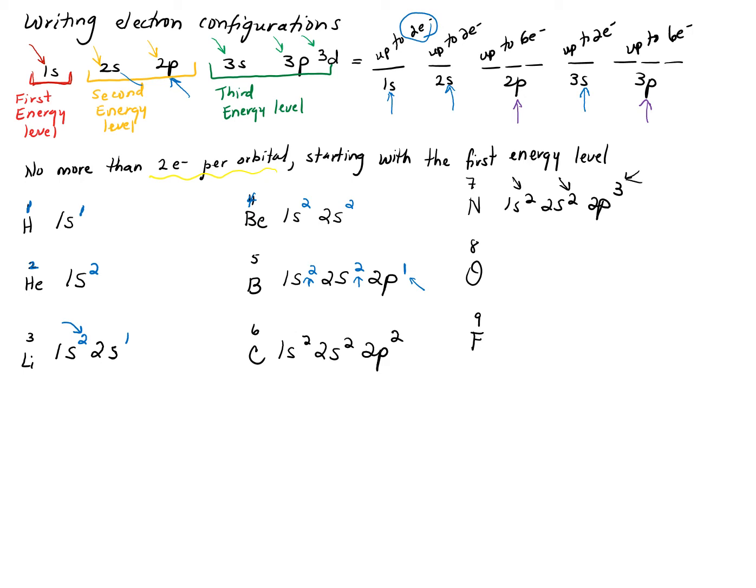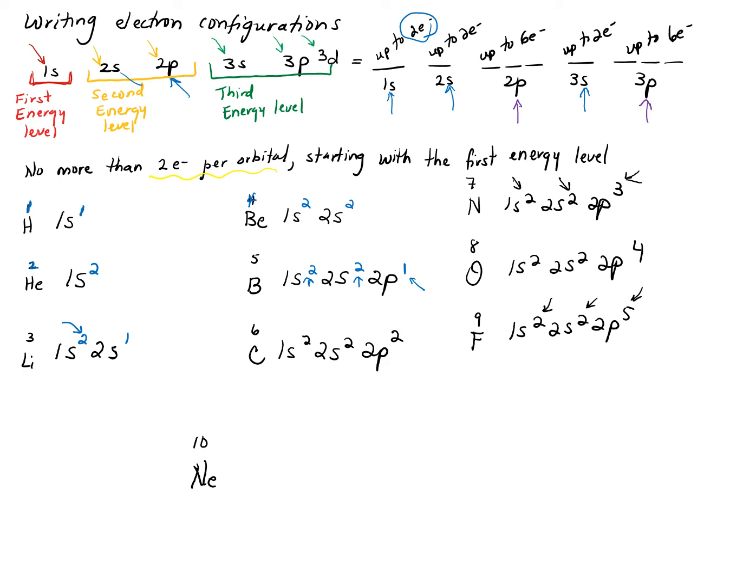Oxygen with 8, 1s2, 2s2, 2p4. And the last one right here, 1s2, 2s2, 2p5, that's 5 plus 2 right there, it's 9. So let's do one more, neon with 10 electrons.